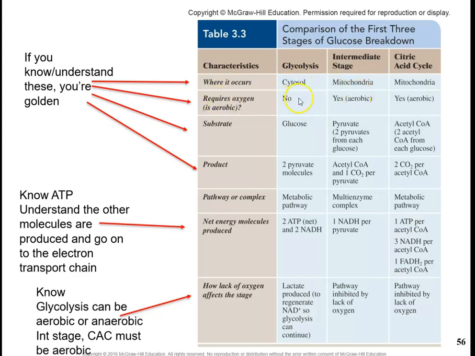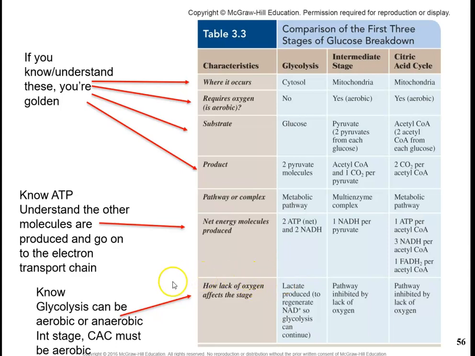And then I would definitely know that ATP is made, but understand that the other molecules are also produced. The NADH and the FADH2 are made, they carry electrons to the electron transport chain, where energy, or ATP, is synthesized.